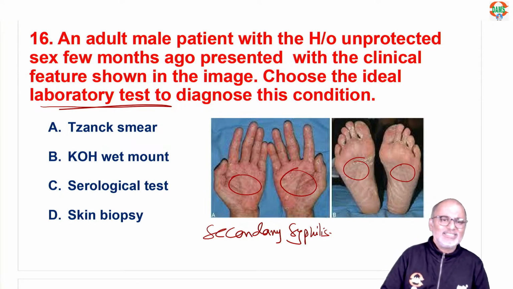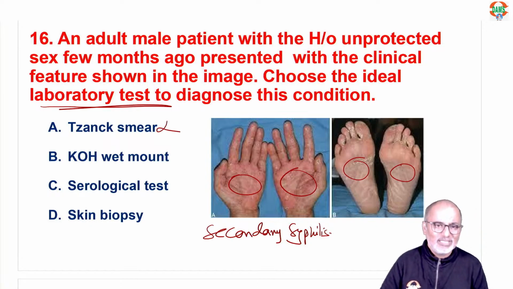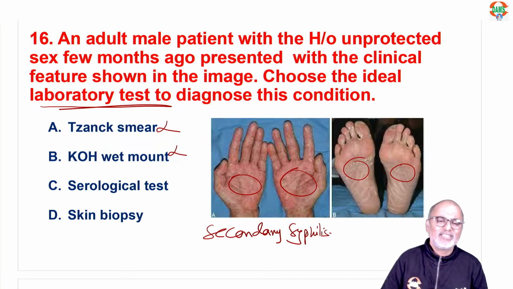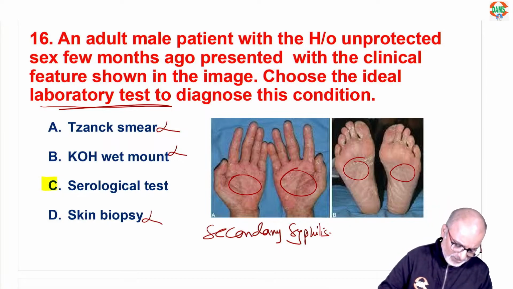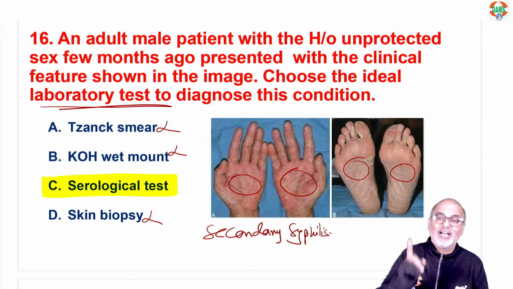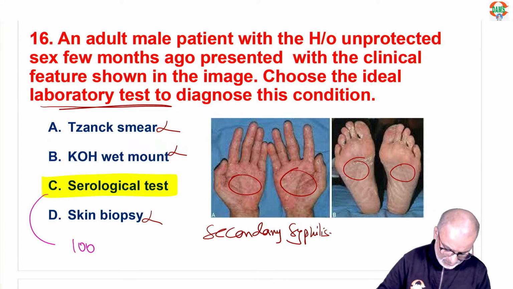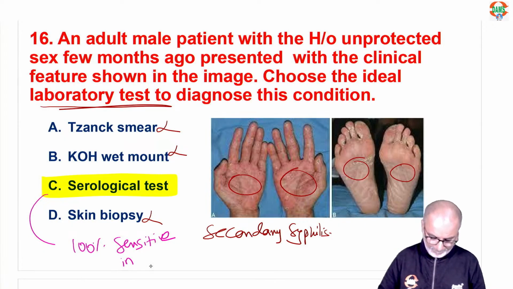So secondary syphilis. Tzanck smear we cannot use because it's for herpes. KOH for mainly fungus. Skin biopsy mainly for human papilloma virus, Kaposi sarcoma, those kind of conditions. So serological test is best, especially secondary syphilis. 100% sensitive in secondary syphilis.